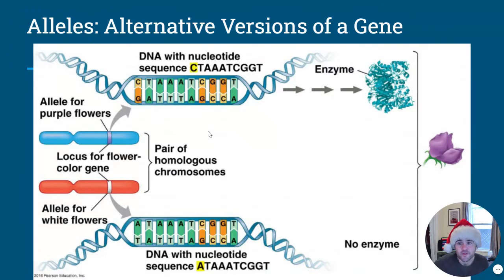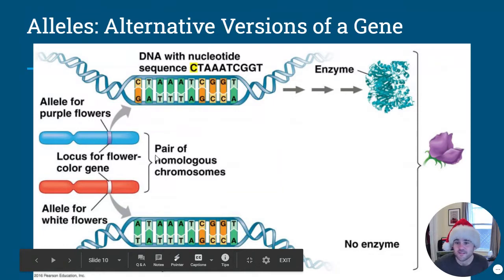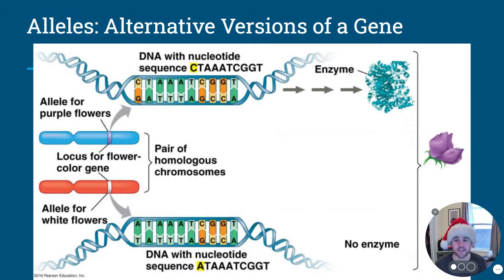But it's important to remember that these alternate forms of a gene mean that there's going to be some variation in the genetic sequence. That's what's causing these differences. Overall, it's almost exactly identical with maybe just a couple of mutations that make it different, and that's going to affect how the protein changes.